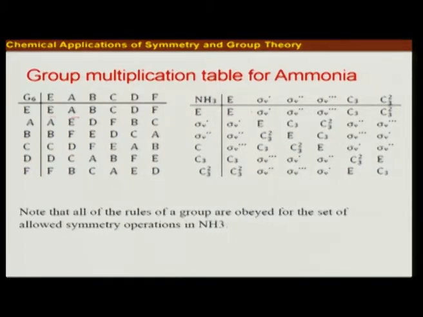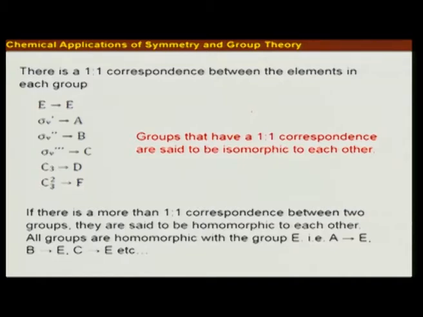What you will see is that there is a one-to-one correspondence between the elements in each of the groups. For example, identity is the same for both of them, which is not something we are surprised with. And then sigma v prime is nothing but A in G6, sigma v double prime is B in G6, sigma v triple prime is C in G6, while C3 and C3 square are D and F respectively in case of G6.